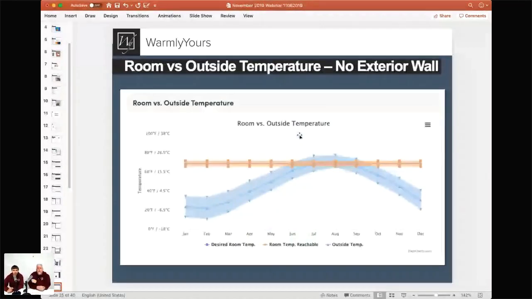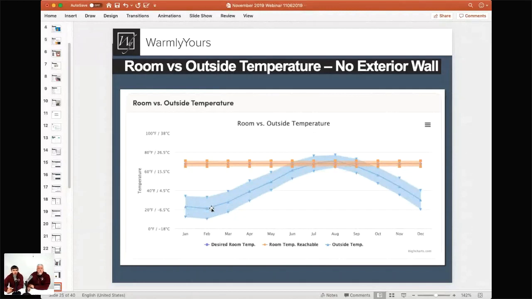And yeah, this is another great visual for this particular case, what we call room versus outside temperature. The blue line, or the blue chart with the higher and lower points, is your outdoor temperature that we actually pull based on the zip code. So we know January, February are pretty cold there, but then of course it's warm throughout the summer.